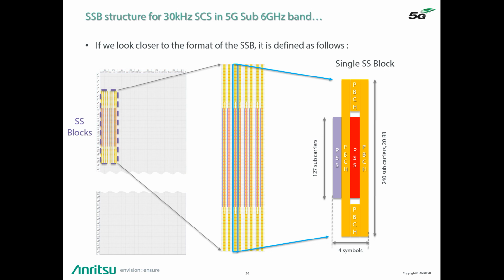The PSS and SSS are 127 subcarriers long, and the duration of an SS block is 4 OFDM symbols. On the right side of the slide, we can better see these channels inside a single SS block.